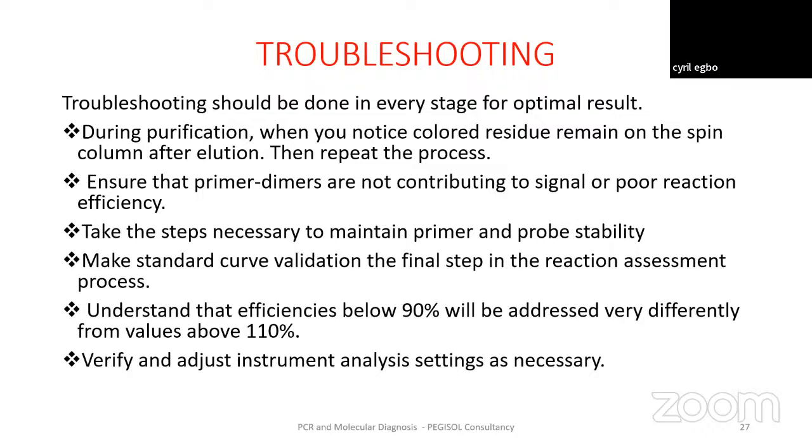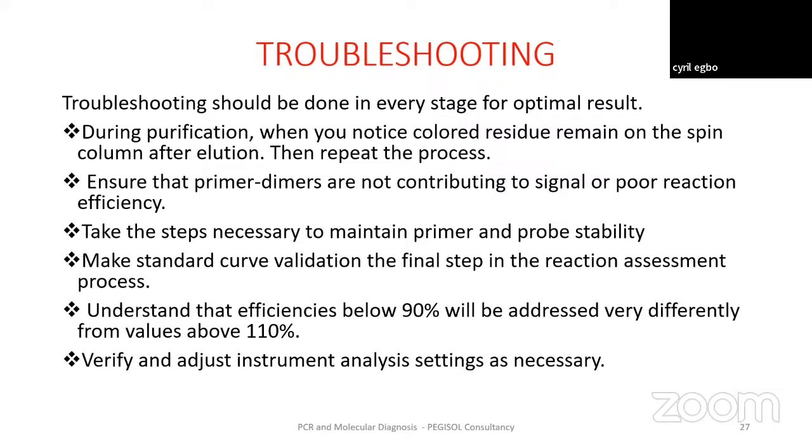So what you need to do to avoid this issue, more like quality control, is always troubleshoot all your procedures, all your steps. For instance, during purification, during DNA extraction, because purification is the same as DNA extraction, when you notice a colored residue in your spin column after elution, you know that there's a problem, which means you need to repeat the process and start the extraction afresh.